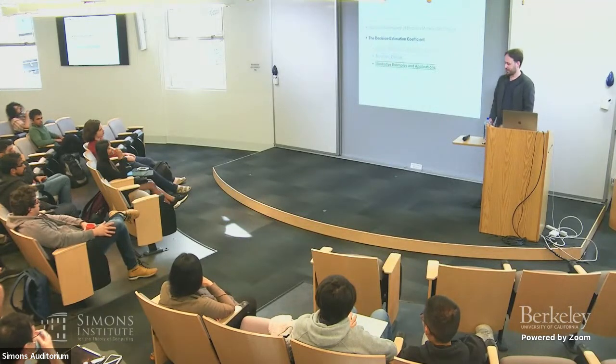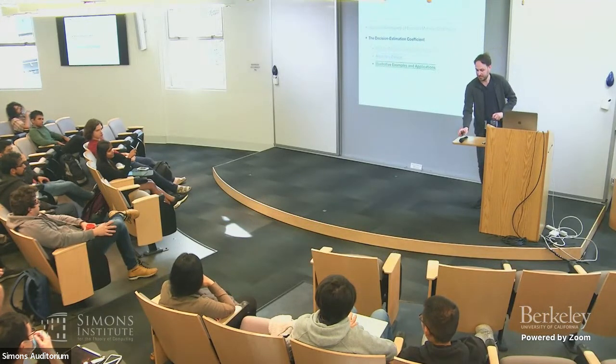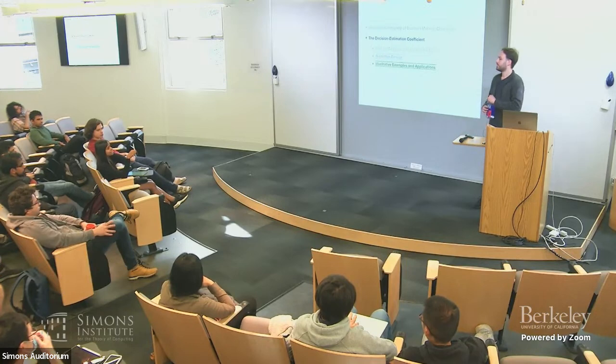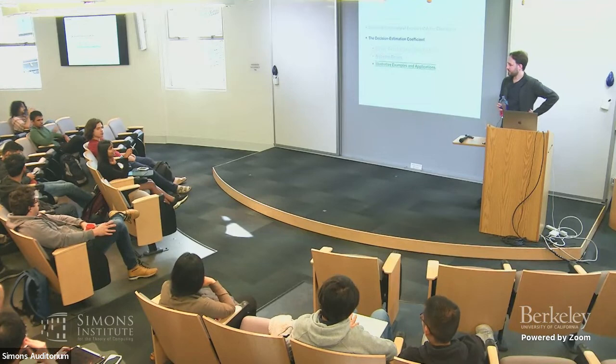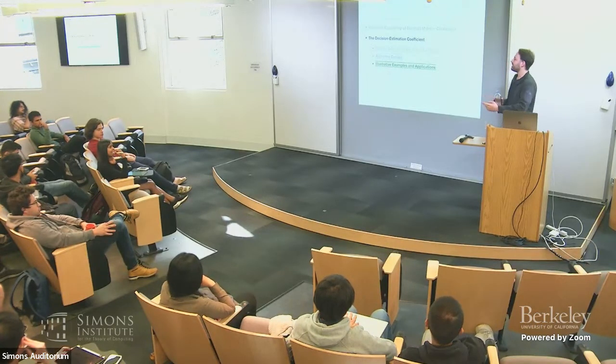Yeah. So when you first showed the bound, I thought the first term was capturing some information, and the second term was estimation. But then when you showed the statistical estimation result, they probably are not capturing the exploration. Yeah, that's exactly right.